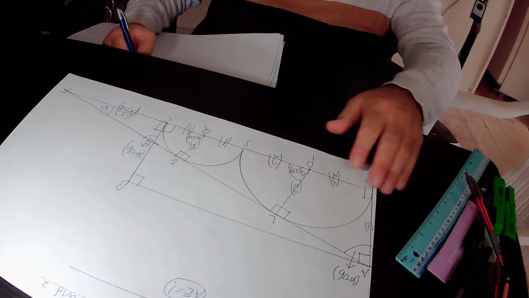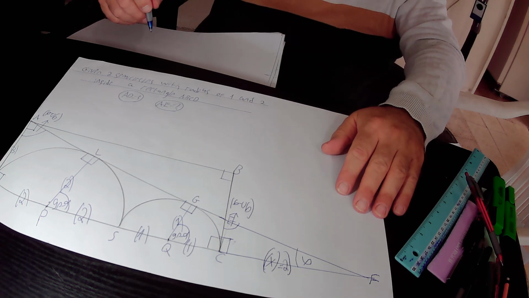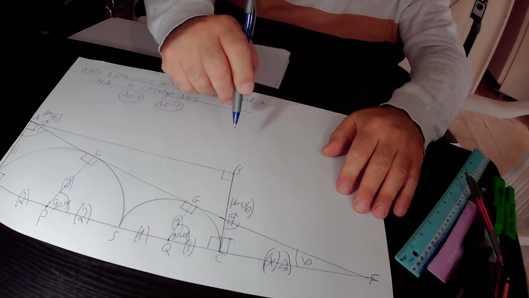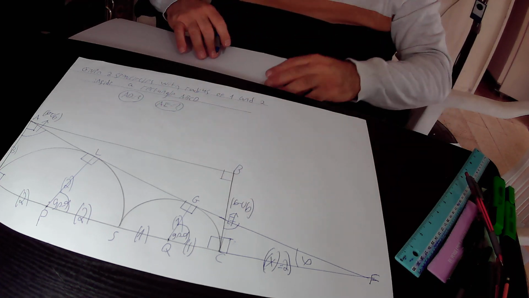In the next step, we prove that the big right triangle ADF is similar to this small right triangle ECF. So I'll write it down.